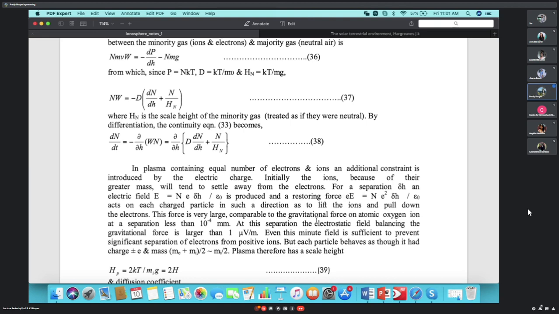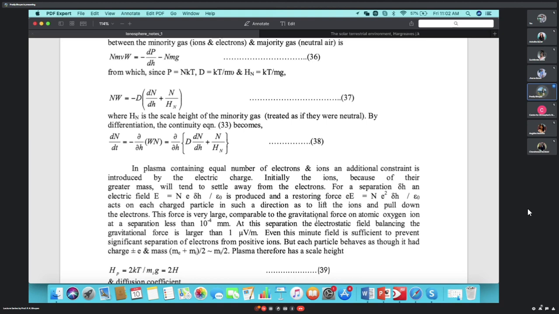And if the positive ions move upward, the electrons, because the charges are coming closer, will try to come downward. So there will be a movement of the ions and electrons towards each other because of this charge separation. The charge separation takes place because of the action of gravity, and the ions and electrons will be trying to come together.